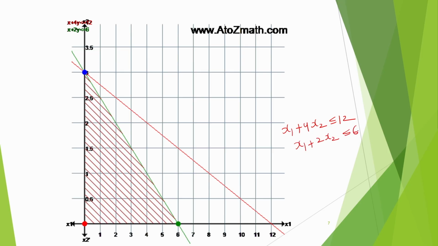So how to do that? If I plot the first constraint x1 plus 4x2 smaller or equal to 12, in the graph paper I can put the equation x1 plus 4x2 equal to 12.